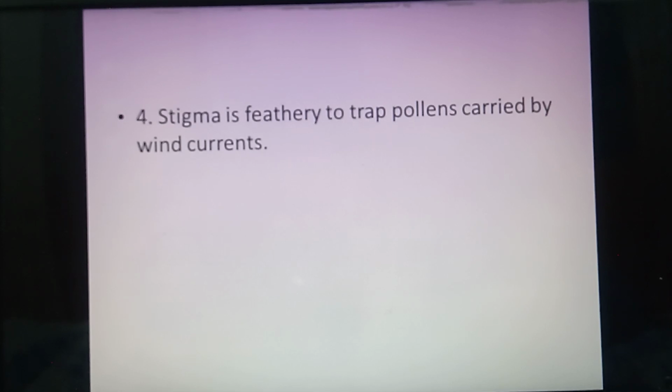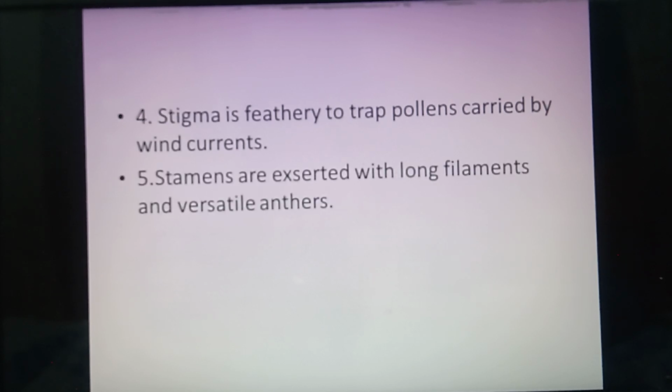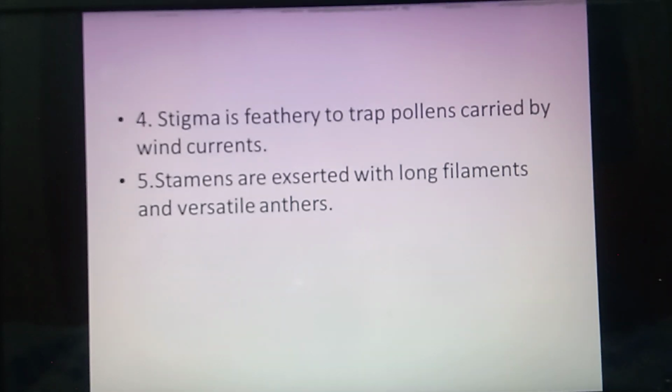This feathery stigma is helpful to trap the pollen grains that are carried with the help of wind currents. The stamens are exserted with long filaments and they have versatile anthers. What is the nature of a versatile anther?